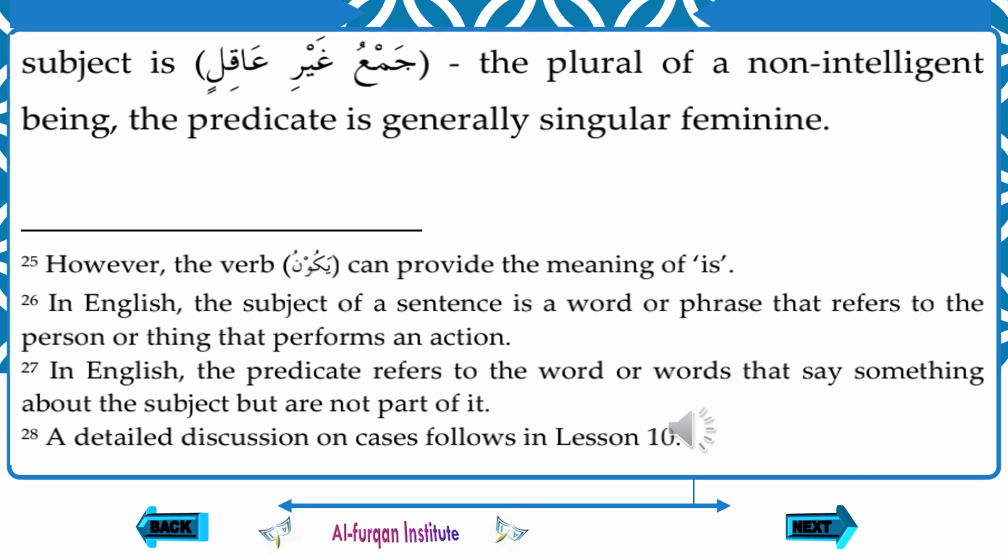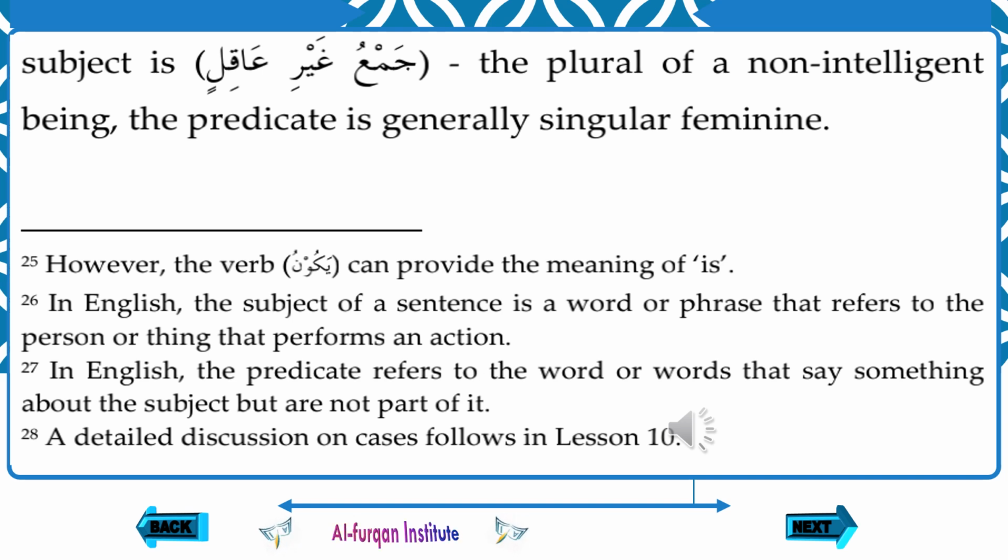They will both be marfu. This means they both take dhammatayn when indefinite, and a single dhamma when definite. An example is al-qamaru jamilun, the moon is beautiful.